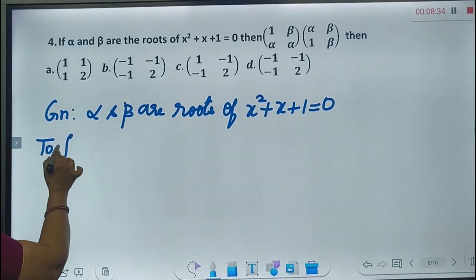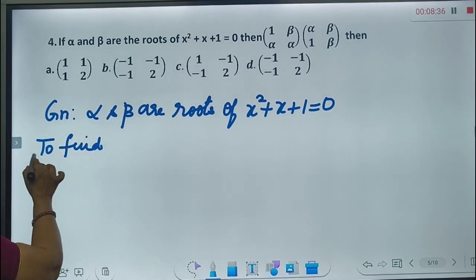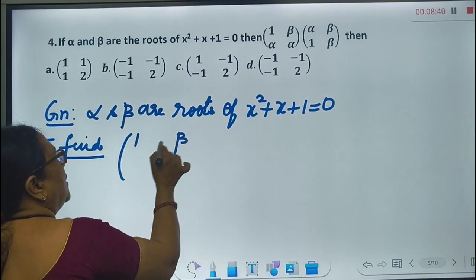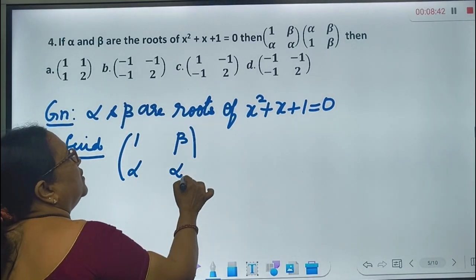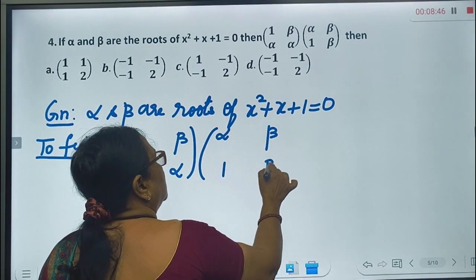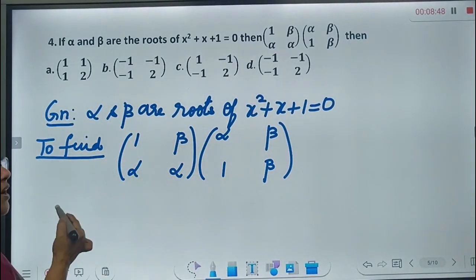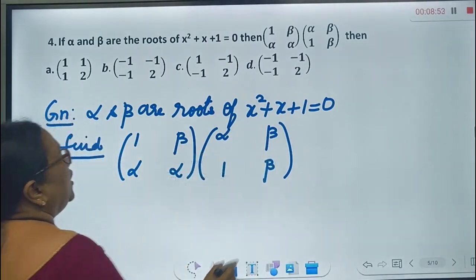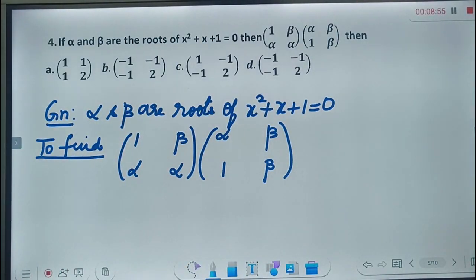You need to find the product of the matrix [1 beta; alpha alpha] into [alpha beta; 1 beta]. So this is a problem on multiplication of matrices and also using the fact that alpha and beta are the roots of x square plus x plus 1.